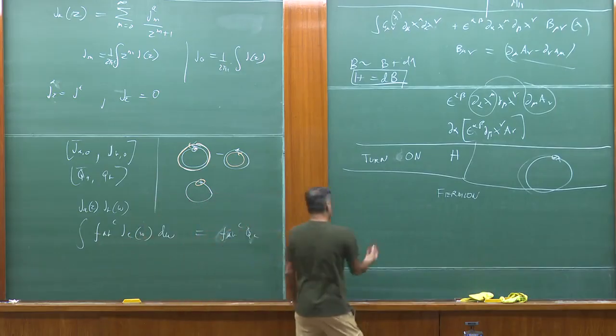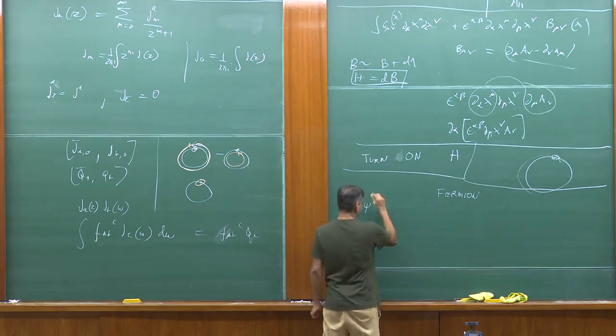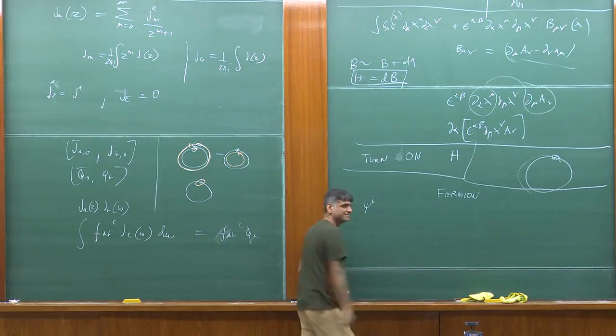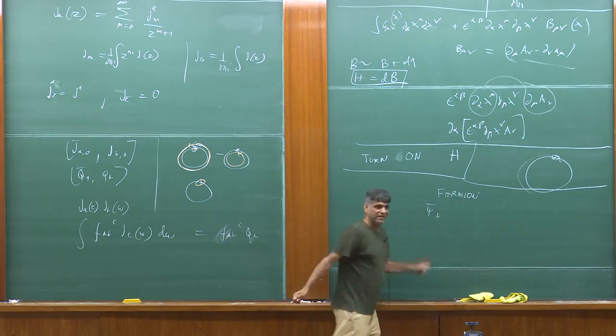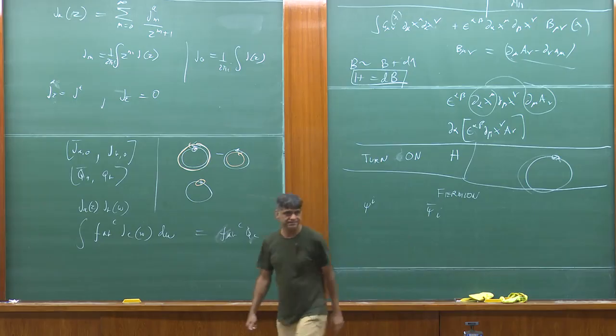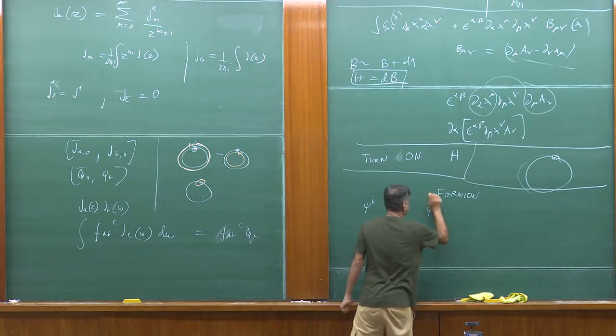Okay, so suppose you have psi I, these are complex fermions, and psi bar I, left movers, right movers. Each of them are complex. If you want, I can call the right movers tilde.